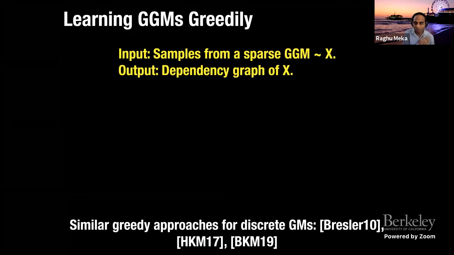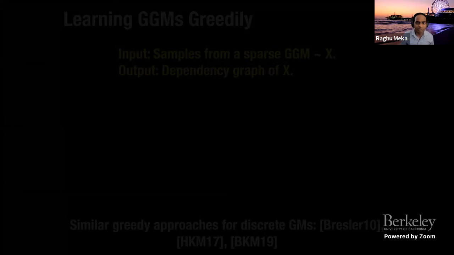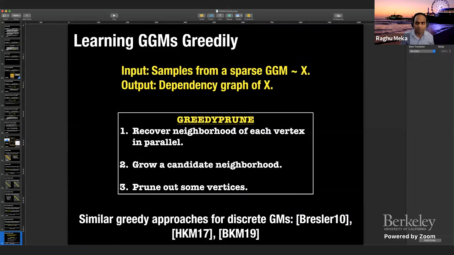So now let me talk about the algorithm that we use. This is the greedy method that's been used very effectively for learning discrete graphical models, starting with the work of Bresler, and more recently with the work of Hamilton, Koehler, and Moitra, and also by Bresler, Koehler, and Moitra from, is there a question?